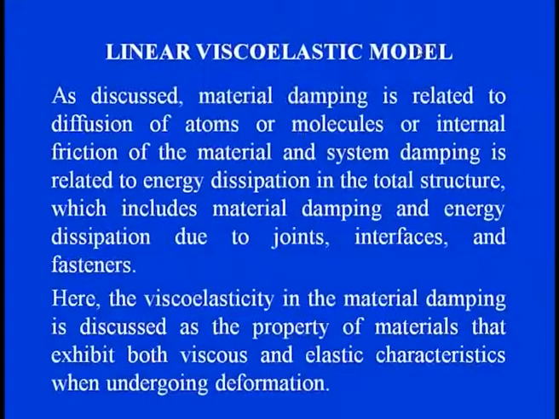One of the basic models is the linear viscoelastic model. As we discussed, material damping is related to diffusion of atoms or molecules or any internal friction of the material, and system damping is related to the energy dissipation in the entire structure, where the kinetic and strain energies are associated with the atoms through which diffusion occurs.